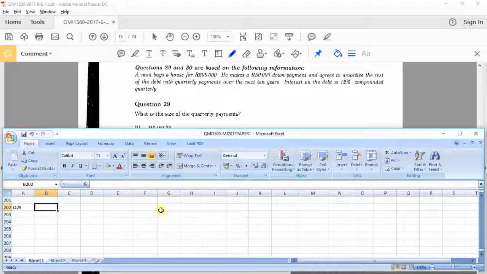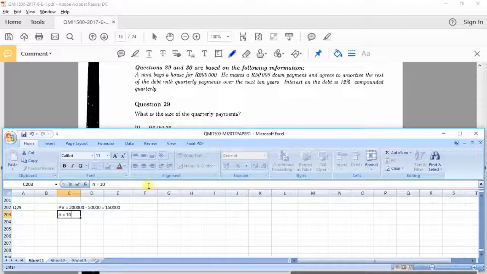Okay, 29 and 30 are based on the following information. A man buys a house for 200,000. So that's the PV. Okay, that's very cheap. He makes a 50,000 rand down payment. So that means minus 50, so the 150,000.